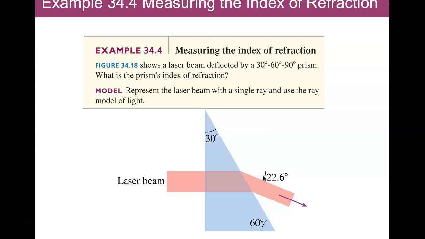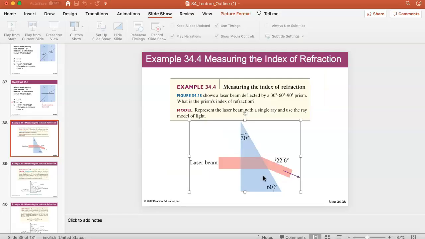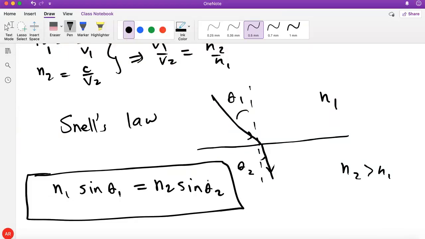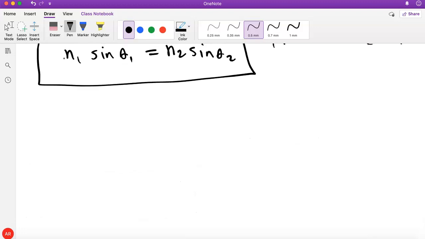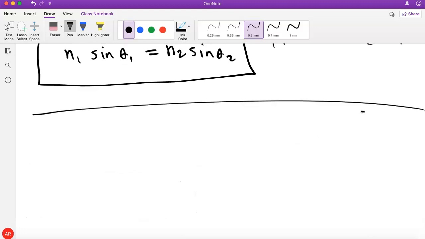The problem is asking us to find the index of refraction of the prism. We can assume that outside in air, the index of refraction is basically 1. So example 34.4. Let's go back to the notes and try to work it out.